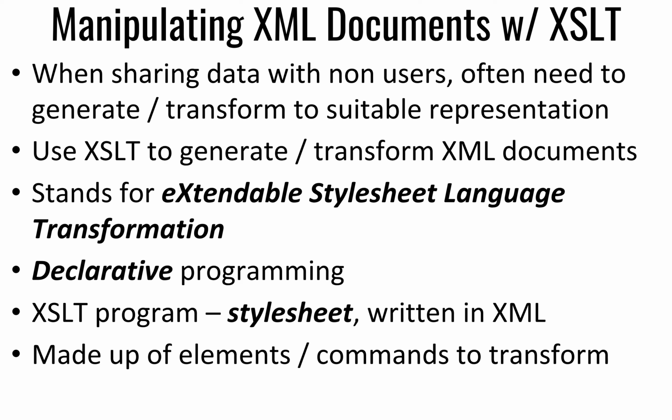Another example of where XSLT is fairly common is in HTML. In HTML, we use XSLT, or a smaller version of XSLT, where we do some conversions of how documents are displayed. Right?